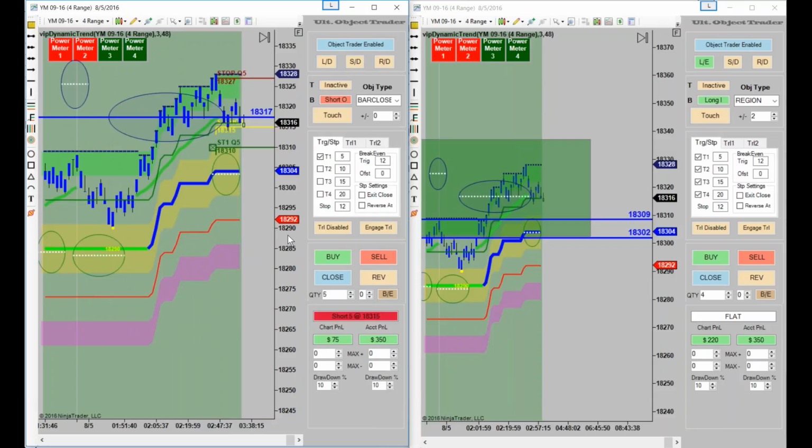And it looks like we're going to get another trade that's going to work, maybe, but I can't move my stop just yet.